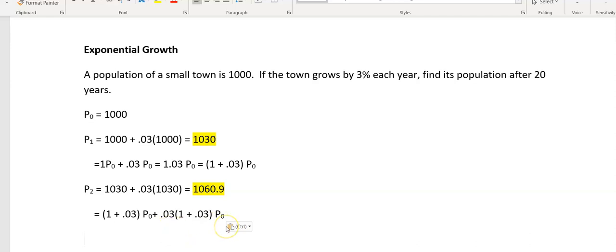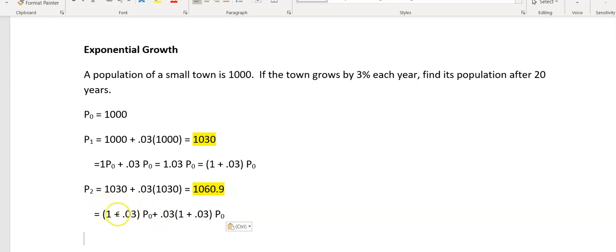Okay, so this is kind of weird looking, but in algebra, we can do something called factoring. When we factor, we can take out anything that we have in common in two terms. And really, this whole thing is a term, and this whole thing is a term. An addition sign actually breaks up terms.